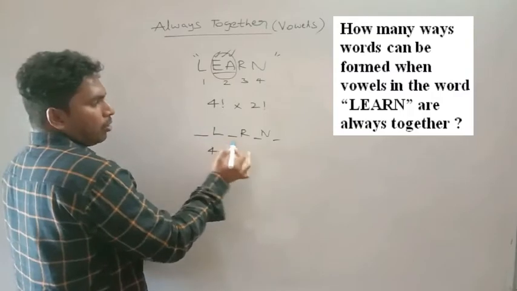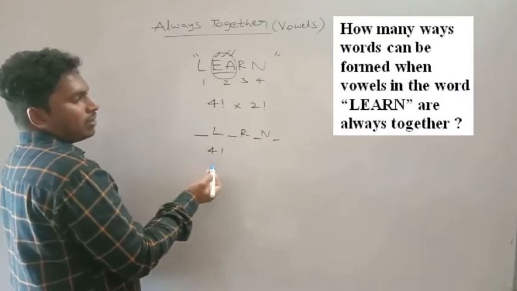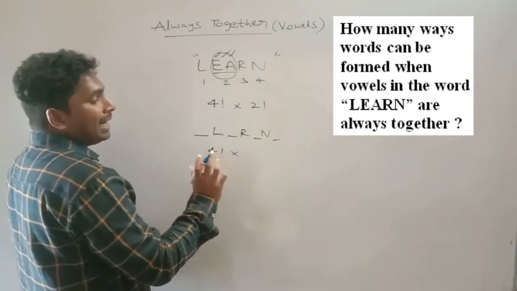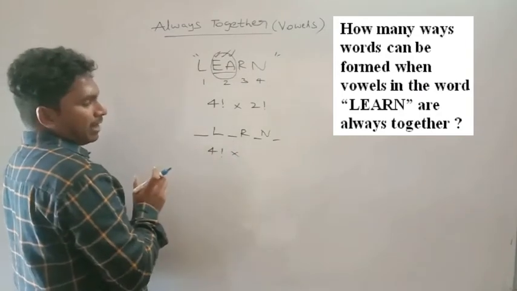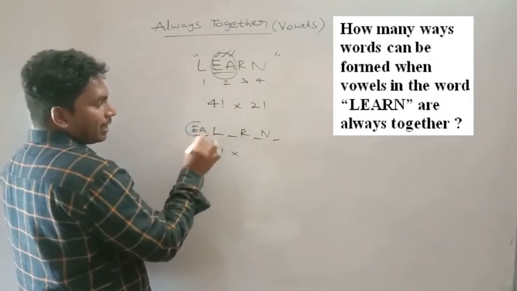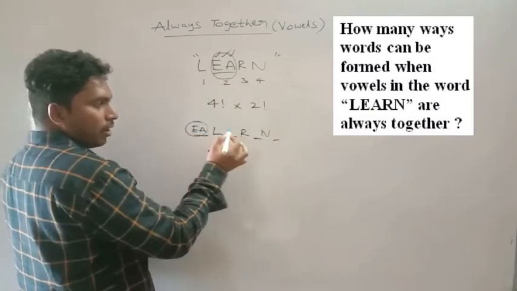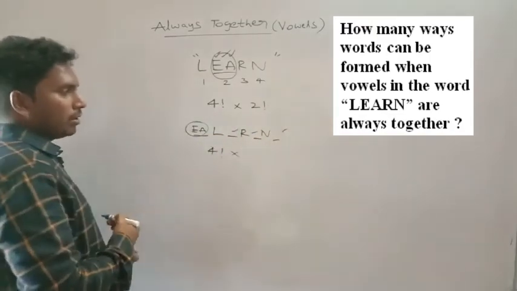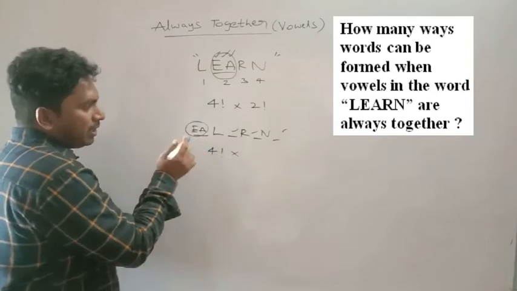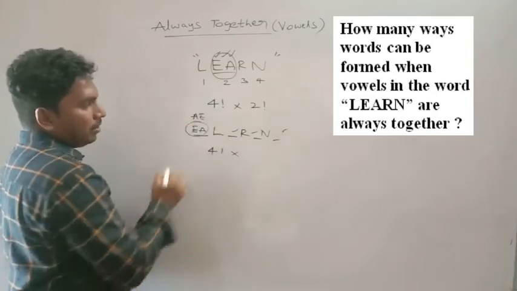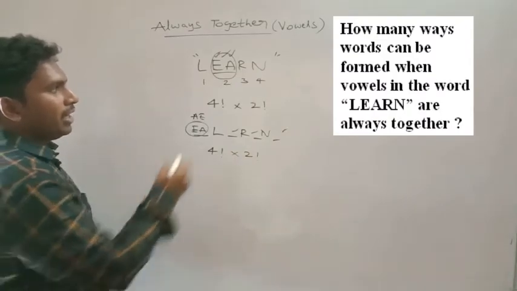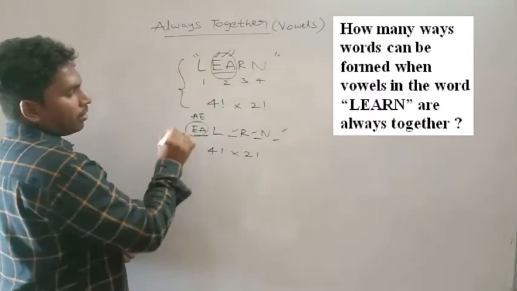So 4 blanks, 4 factorial, into the arrangements of the letters to be placed in these blanks. EA can come like this, or here, there, and you can also rearrange it as AE. So you have to consider 2 factorial. Either you can solve it like this or like this.